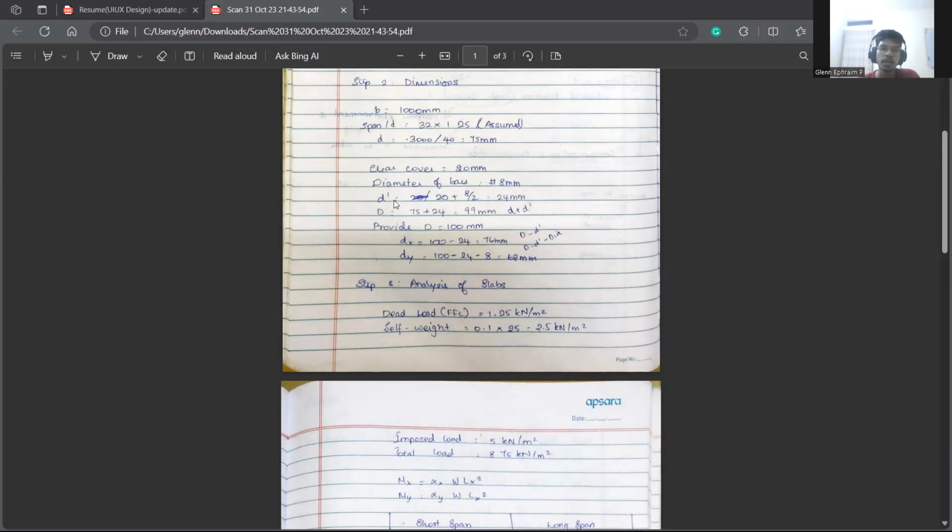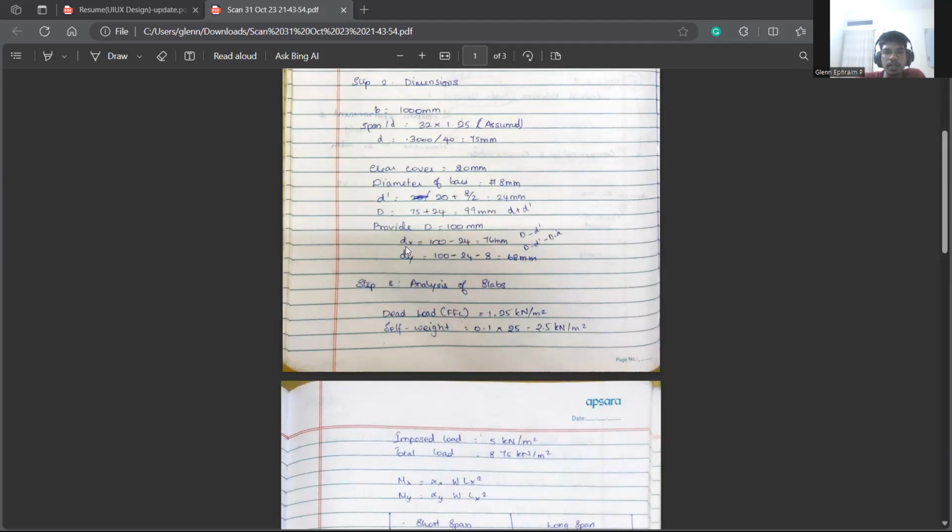Taking the small d as 75, the capital D is small d plus d dash, 75 plus 24, so we get 99. The nearest rounded off value is 100 millimeter, so we take the capital D value to be 100 millimeter.